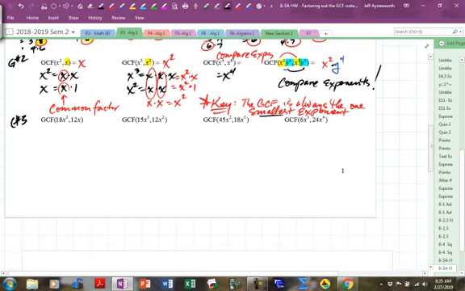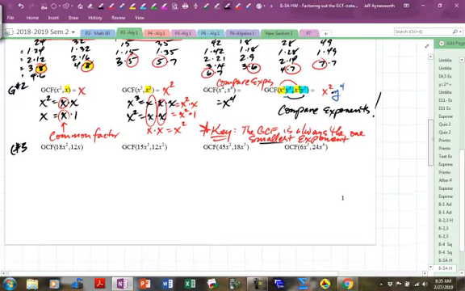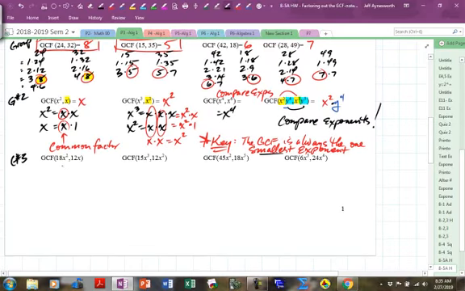Now, having said that, let's put the two concepts together. When you compare the GCF of 18 and 12, it is 6, not 2. 2 divides into both of them, 3 divides into both of them, but 6 divides into them too. So it's going to be 6 there. You compare x with x squared, and x has the smallest exponent, so the GCF is 6x.